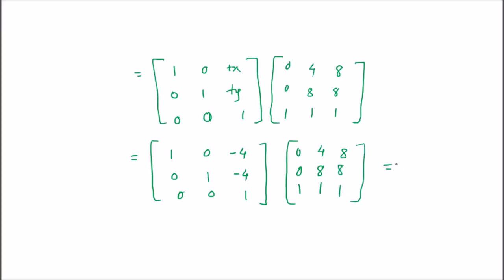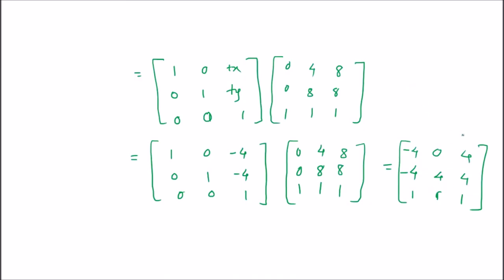So the answer is 1 into 0 0, this is minus 4, this is minus 4 and 1. Then 1 into 4 4, 8 0 means 0. Then 8 minus 4 is 4, then 8 minus 4 is 4, and 1 1. So the answer is minus 4 minus 4, 0 4, 4 4.